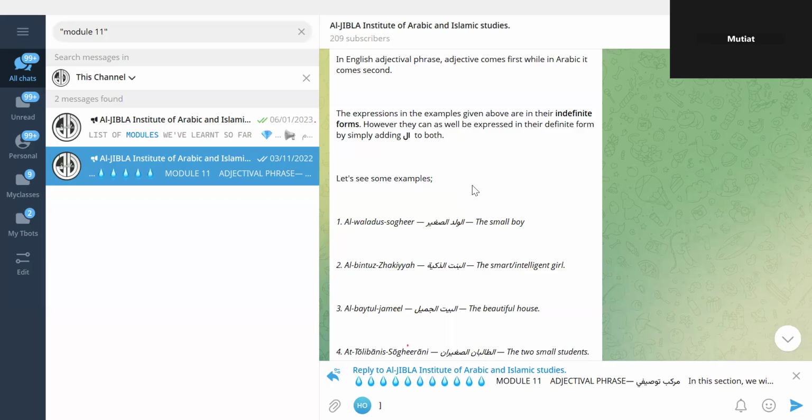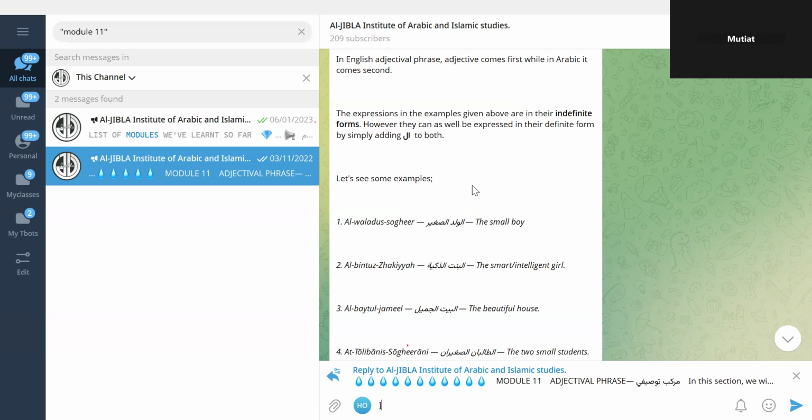The smart or intelligent girl. Al-bintu dhakiyatu, not dhakiyatun.